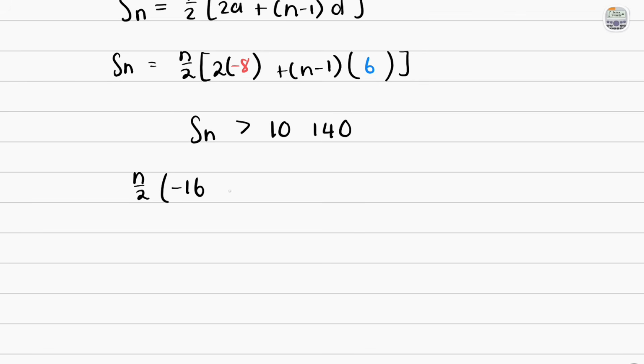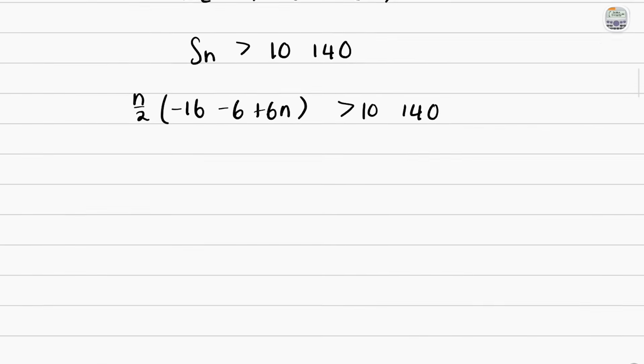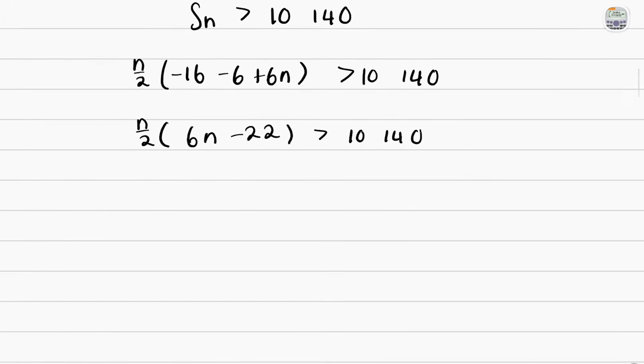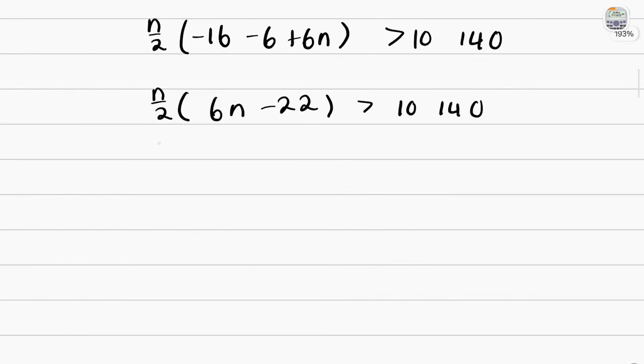And if we distribute the 6 there, that is negative 6 and then positive 6n, which is greater than 10,140. Okay, and we can simplify what is inside first. n over 2, and then we have 6n, and those give us negative 22, which is greater than 10,140.